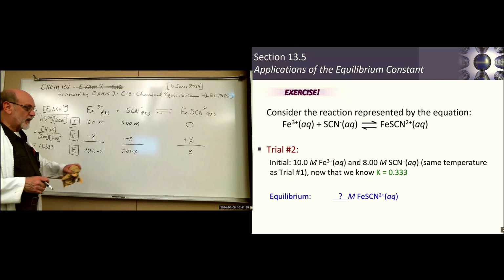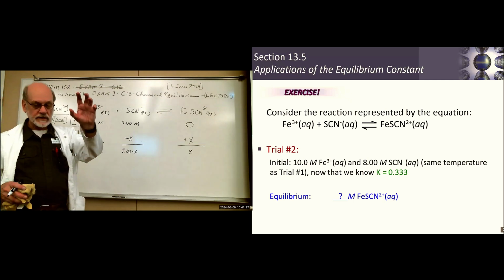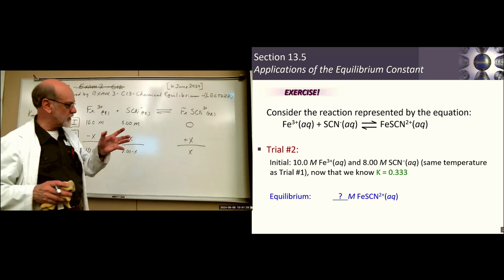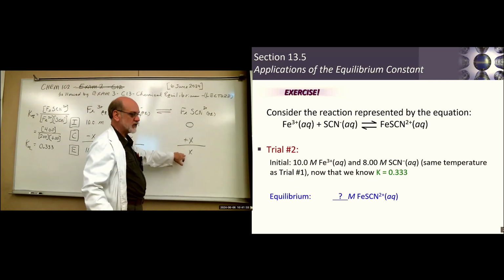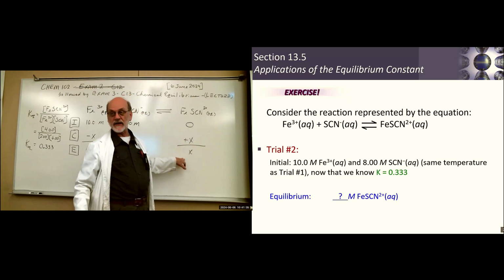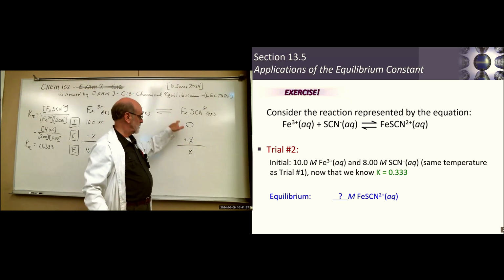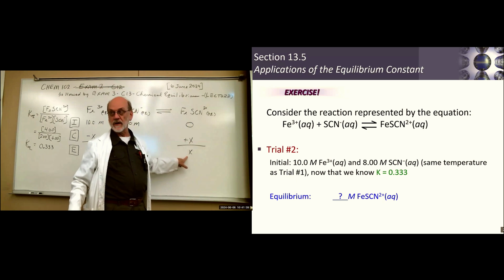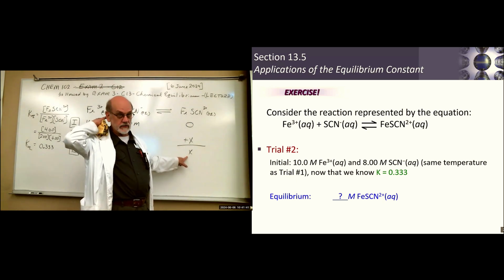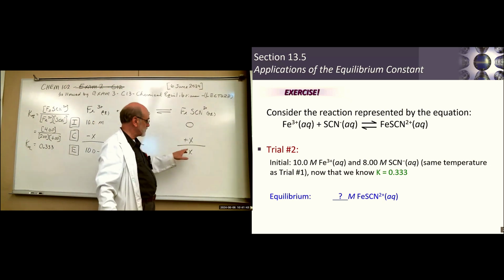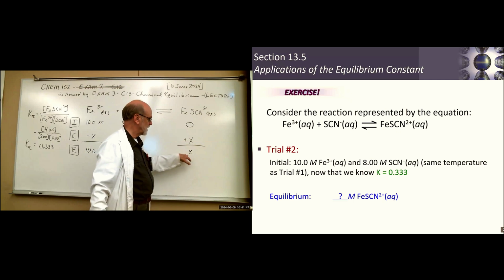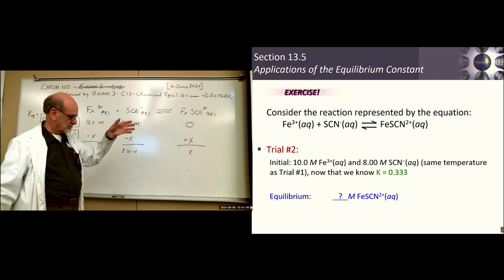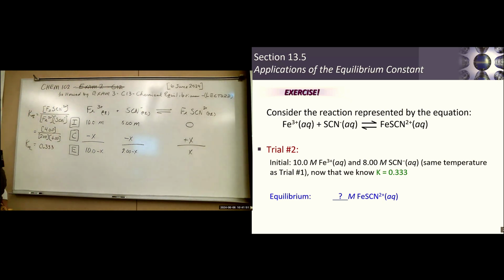So whenever possible, look at the question. The question asks for the concentration of this species right here. If you can make your unknown value equal to the answer you're looking for, that will save you a step in calculations. So we made this one X, or I made it X, so that when we find X, that's our answer.